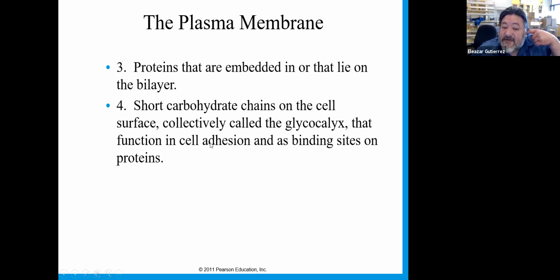Notice here that it says that the function of the glycocalyx is cell adhesion and binding sites. Right there, that should let you know that that's not us. A glycocalyx is what allows bacteria to adhere to a surface very well, okay? But for you and me, when cells come together to form tissues, they don't use a glycocalyx to adhere to each other.